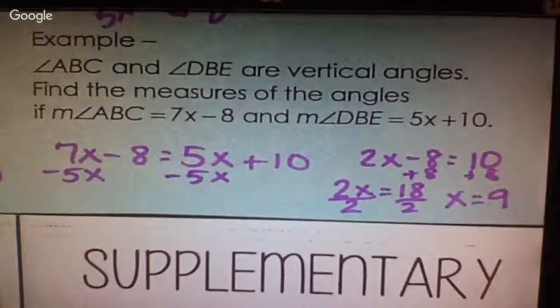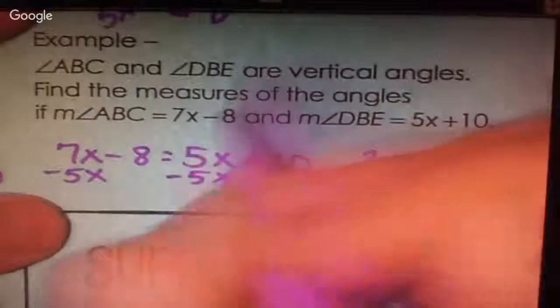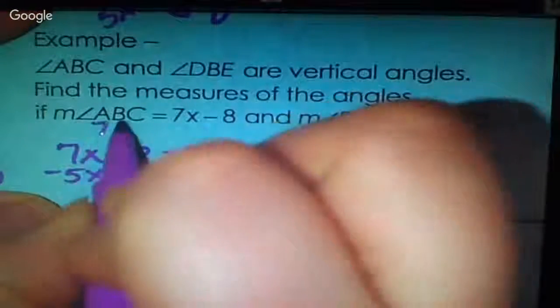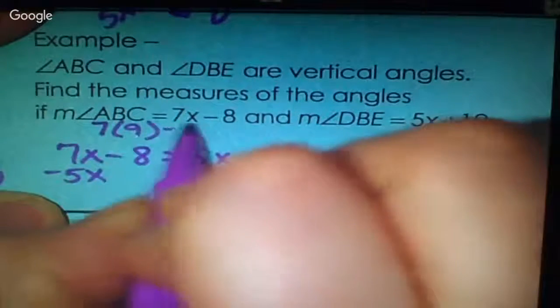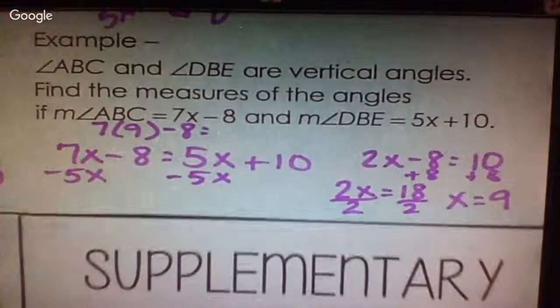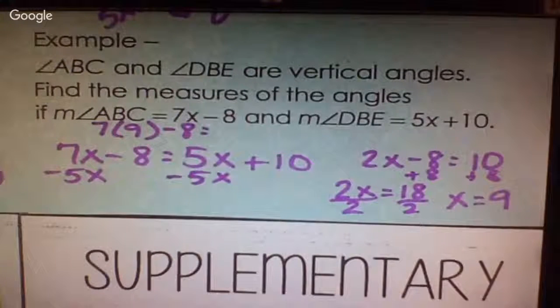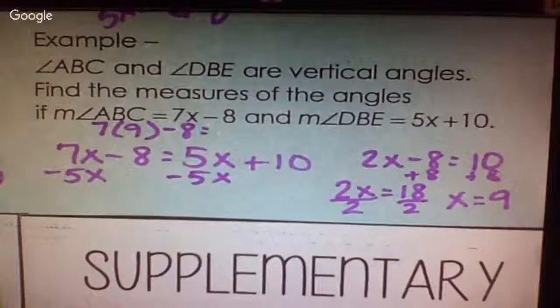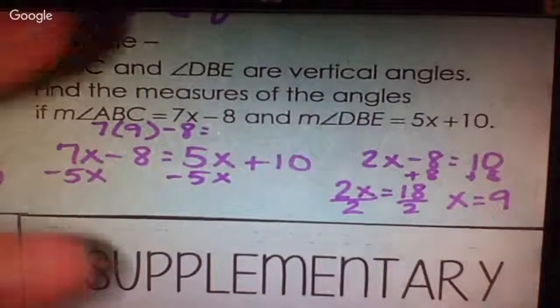Just be careful. They're not asking for what x is. They want to know what the measure of your angles is. So now that we know what x is, we've got to plug it in to get our final answers. So this first angle is 7 times 9 minus 8. 63 minus 8 is what? 9 times 7 is 63, minus 8 gives us 55.